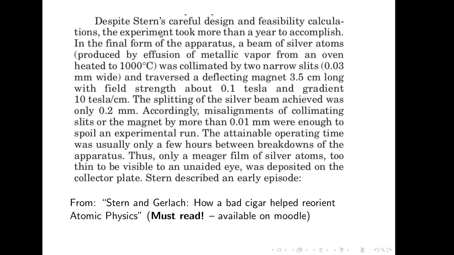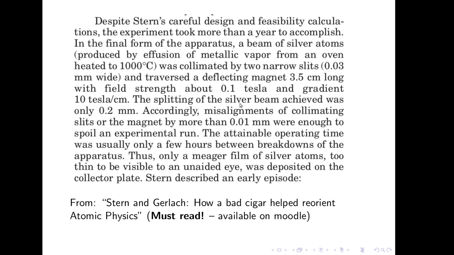Okay, so this is taken from Stern and Gerlach, How a Bad Cigar Helped Reorient Atomic Physics. It's a must read. Even though Stern was an expert in many things, this experiment took them a year to accomplish. In the final form, a beam of silver atoms was collimated by 2 narrow slits of width 0.03 mm and traversed a deflecting magnet 3.5 centimeters long with field strength about 0.1 Tesla and a fairly big gradient, 10 Tesla per centimeter.